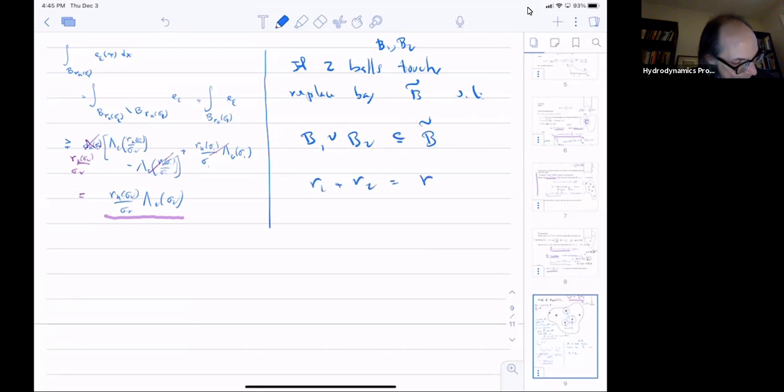And then the integral over B tilde of the energy will surely be bigger than the integral over B1 plus the integral over B2 of the energy.